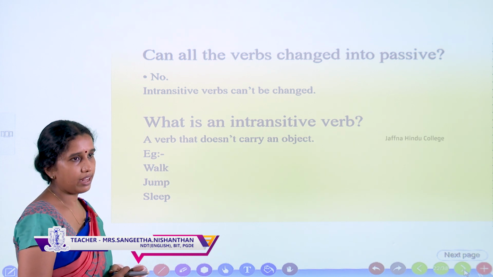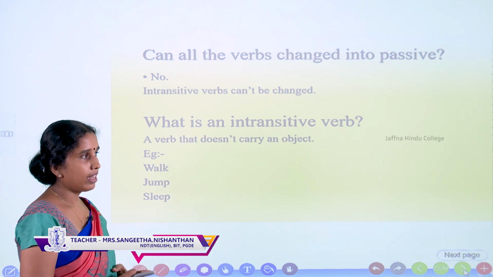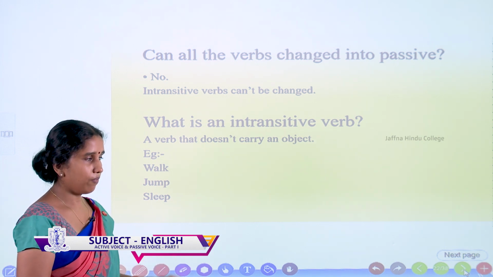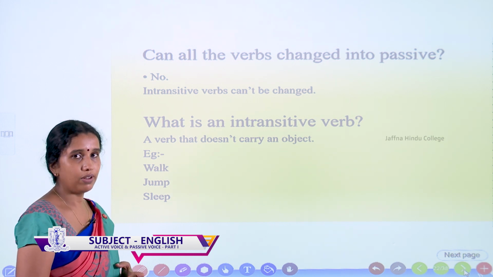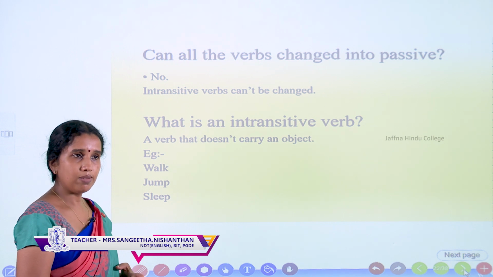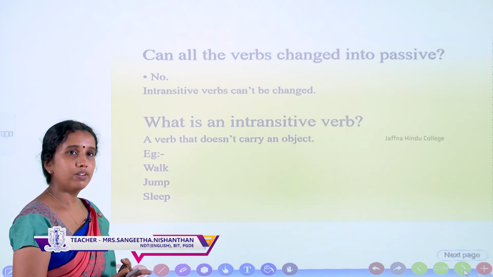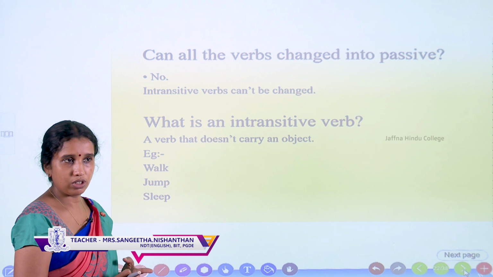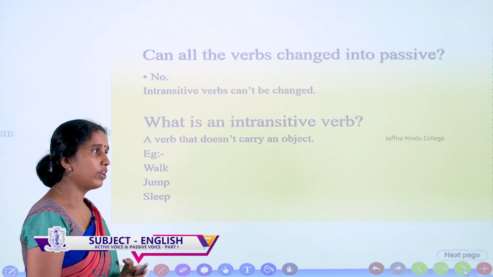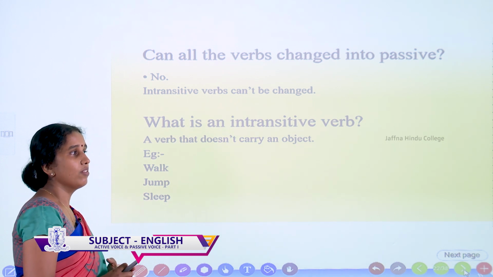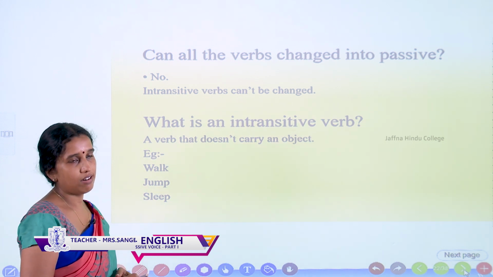Mostly the verbs carry the object. They give an answer to the question words what or to whom with the verb. Sometimes they do not give an answer when we ask the question what or to whom with the verb. If they don't give that answer, we call them intransitive verbs.